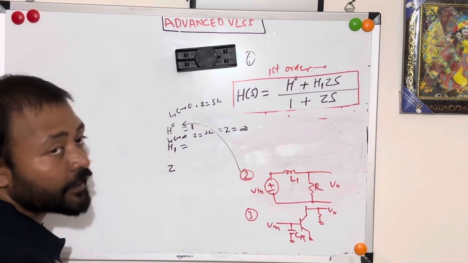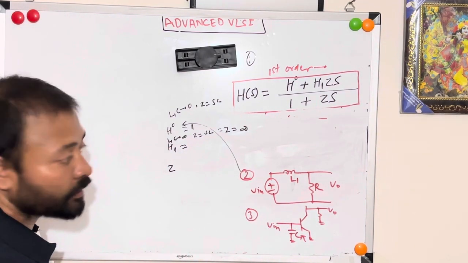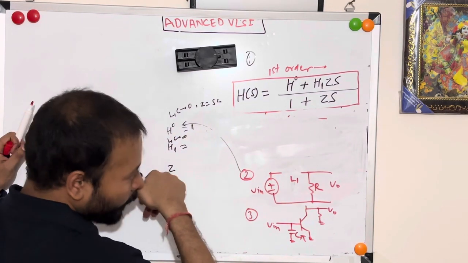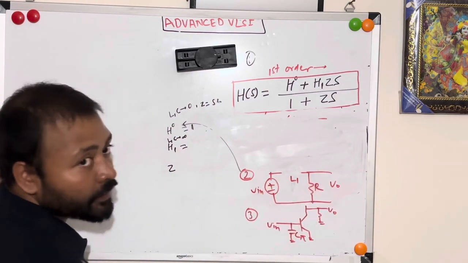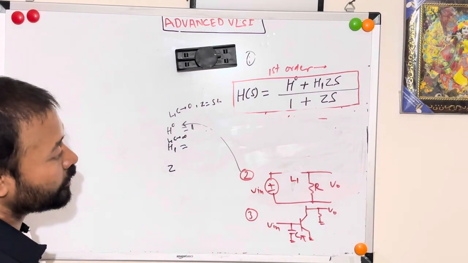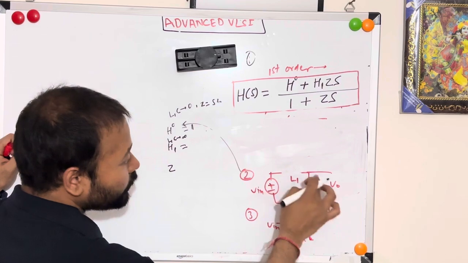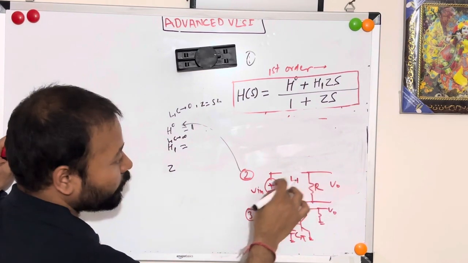Z equal to infinity means open circuit, so make it open. Now if I have an open circuit, then what is V out by V in? It is 0, because there is no path for the current to flow from input to output.